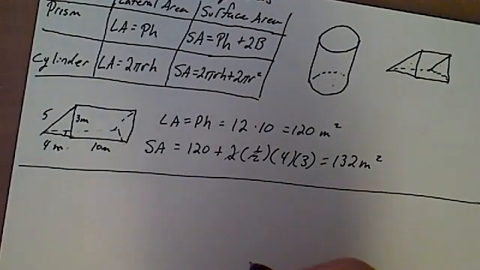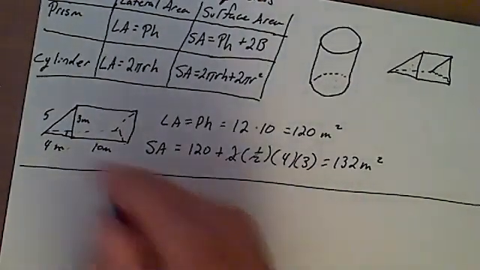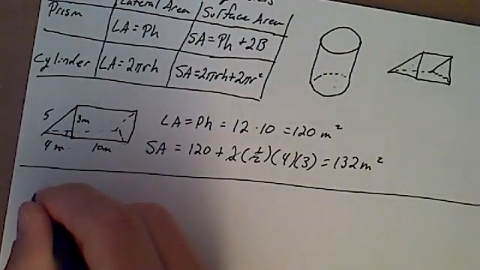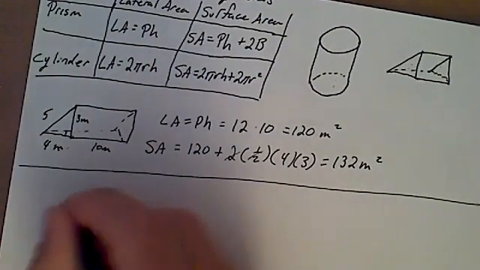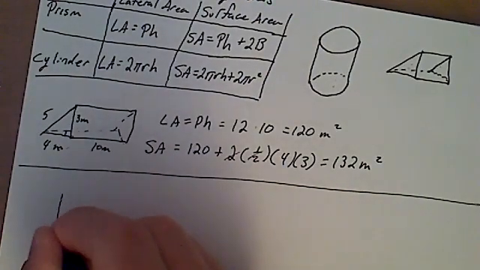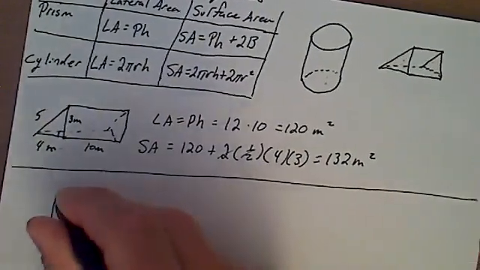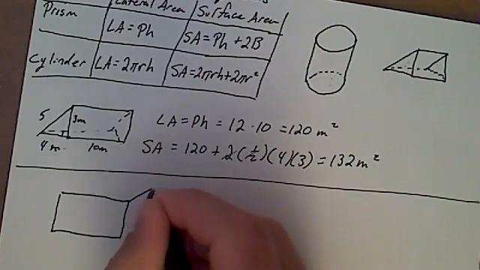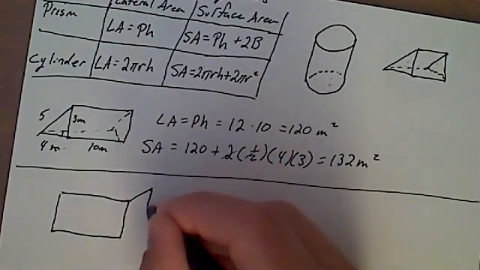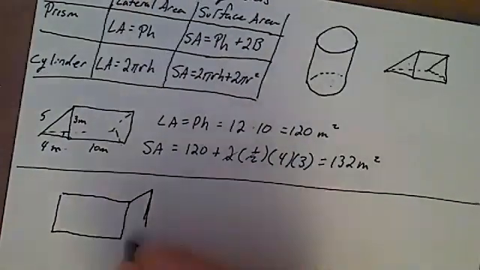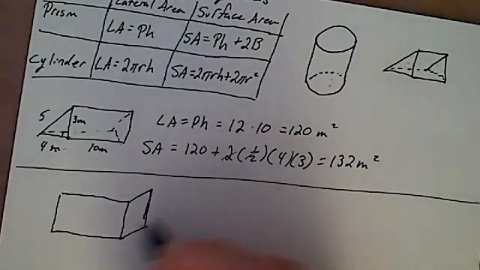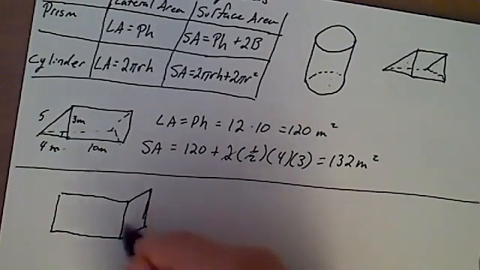Here, we'll look at a rectangular prism. Let's start with the rectangle out front, I think that will be easiest. When you draw them, it is best to try to make opposite sides parallel.